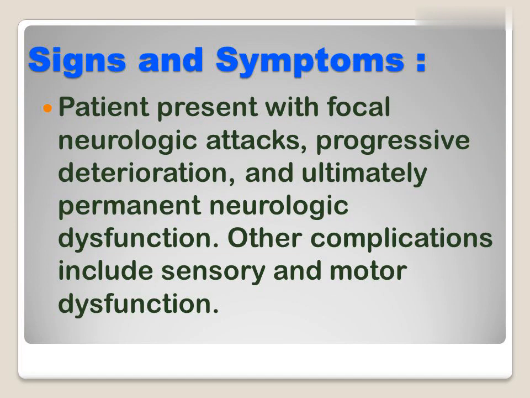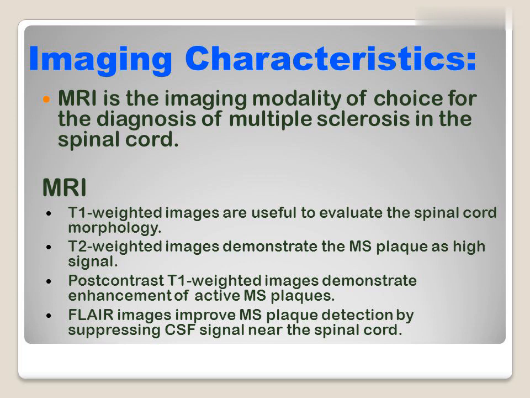Signs and symptoms: patients present with focal neurologic attacks, progressive deterioration, and ultimately permanent neurologic dysfunction. Other complications include sensory and motor dysfunction. Imaging characteristics: MRI is the imaging modality of choice for the diagnosis of multiple sclerosis in the spinal cord.